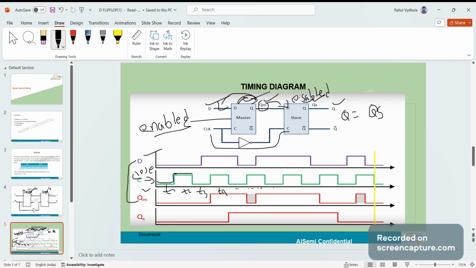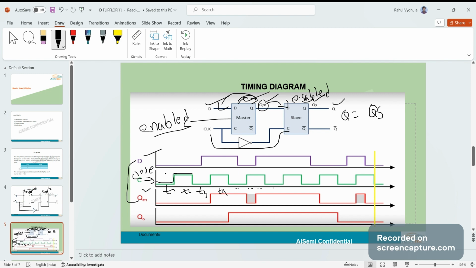That's why the Qs takes a long time to jump from zero. It is not as sudden when compared to this.